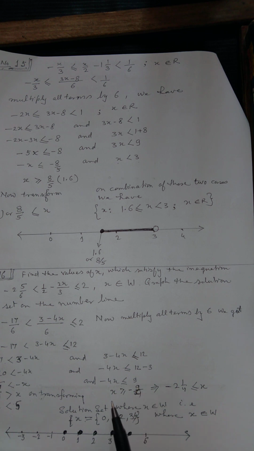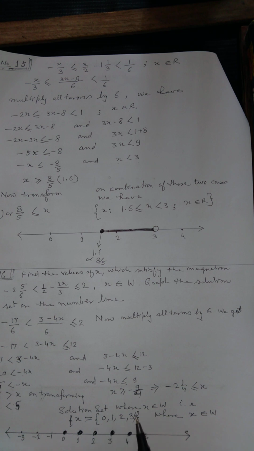So dividing by minus 4 to both the sides, we will get x greater than or equal to minus 9 by 4. You see, here it was less than or equal to, now here it is greater than or equal to, because I have divided both sides by minus 4. So ultimately the result will be minus 2 and 1 by 4 less than or equal to x.